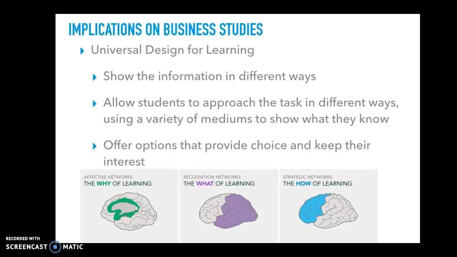It allows students to approach the task in different ways, using a variety of mediums to show what they know. It also offers options that provide choice and it keeps their interest. So here's a diagram of universal design for learning. We're looking at the why of learning, the what of learning, and the how.